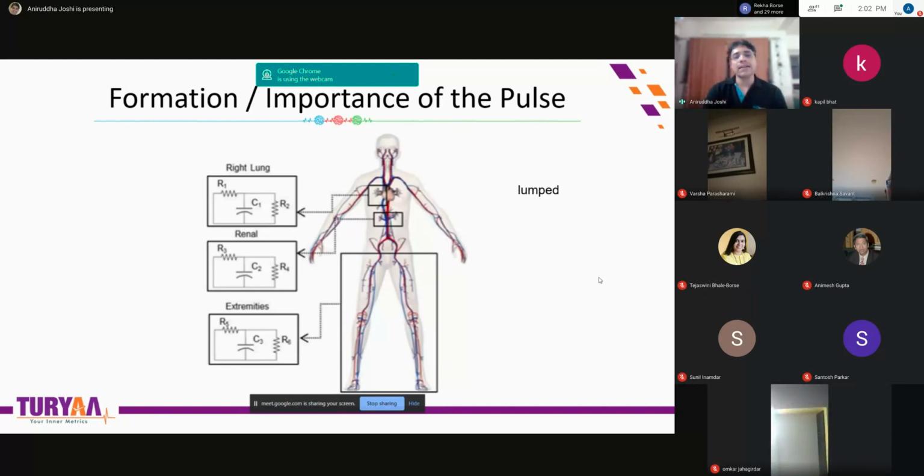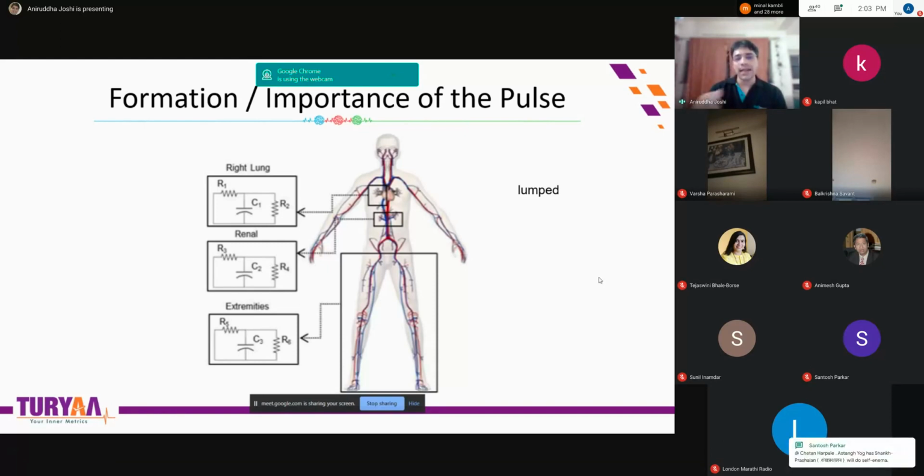But the right lung needs the same current. It needs the same blood, or the same ingredients of that blood. So what it asks for is more blood. So what does the heart do? The heart either pumps more number of times, so that smaller current reaches there more number of times, or it sends more current, so it pumps very heavily.